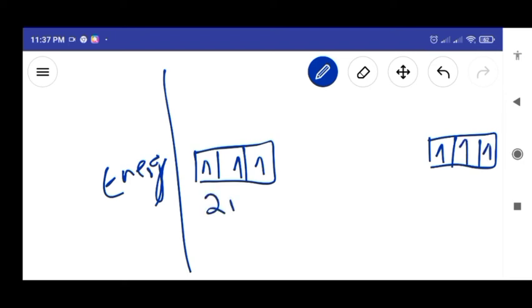The atomic orbitals we have to draw, because there will be pi bonds and sigma bond.